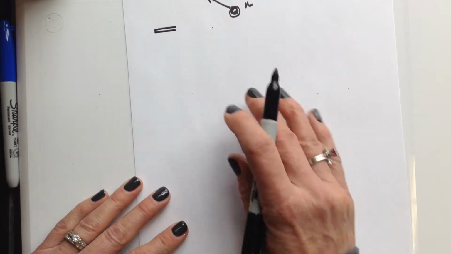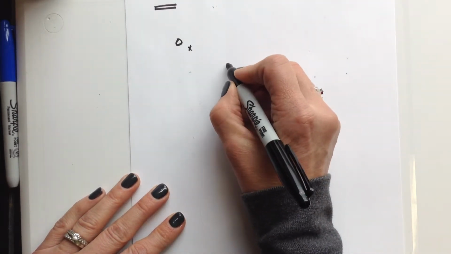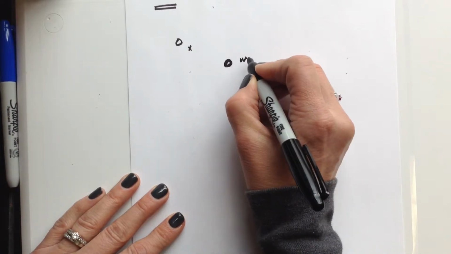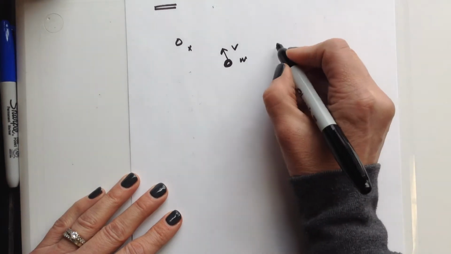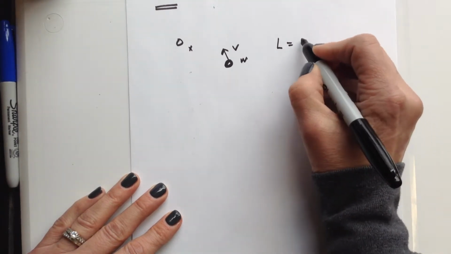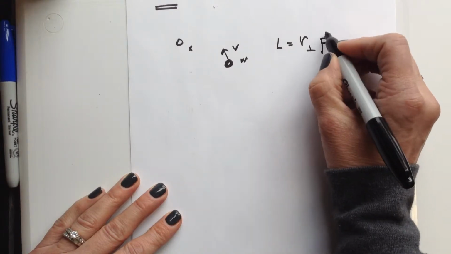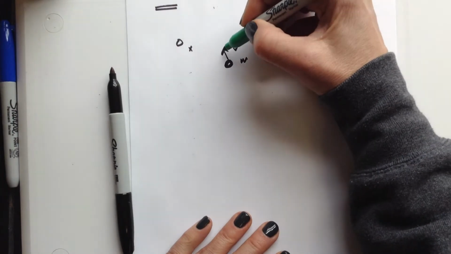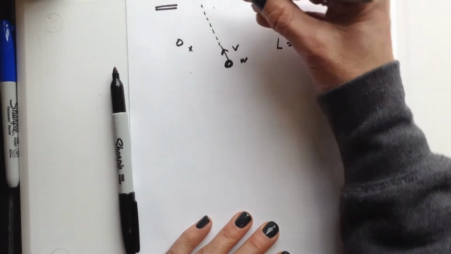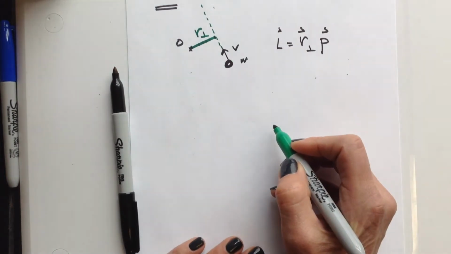Okay. Last example is if it's just moving at some random angle. Again, we have an observation point, we have some mass m, and let's say it has some velocity in that direction. If we want to calculate the angular momentum, we want to take the perpendicular component of the radial arm times the linear momentum. To do that, we extend the direction that it's moving, we drop the perpendicular, and that would be our R perpendicular.